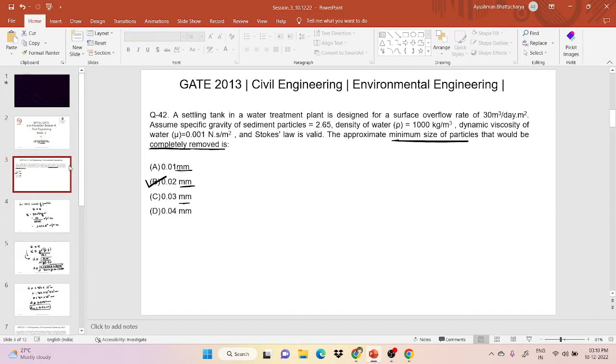The question basically says a settling tank in a wastewater treatment plant is designed for a surface overflow rate of 30 meter cube per day per meter square. Assume specific gravity of sediment particle is 2.65. Density of water is mentioned as 1000 kg per meter cube, and the value of dynamic viscosity is given. And they are saying Stokes law is valid. The approximate minimum size of particle that would be completely removed is.